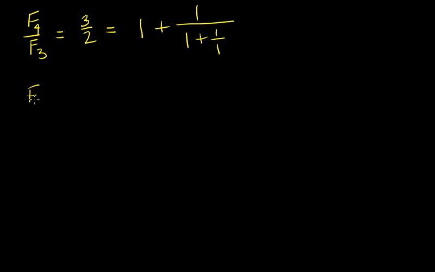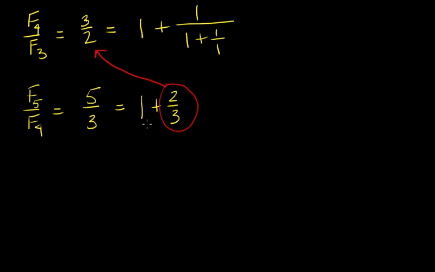Let's look at f5 divided by f4. f5 is 5, f4 is 3. 3/3 is 1, and we have 2/3 more, so it's 1 plus 2/3. We see again, it's 1 plus the reciprocal of the ratio before it, which I will write as this rather than 3/2. So it is, now listen to my words as I write this.